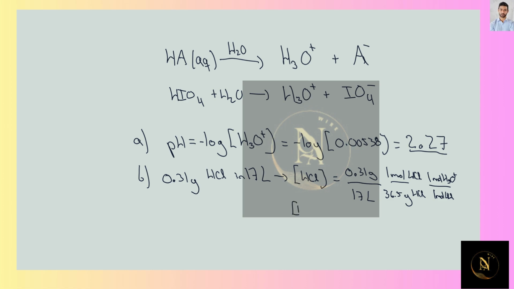Thus the concentration of HCl, which is the concentration of hydronium, will be 4.996 times 10 to the minus 4 molar. When we plug that into our pH equation, this gives us a result of 3.3.